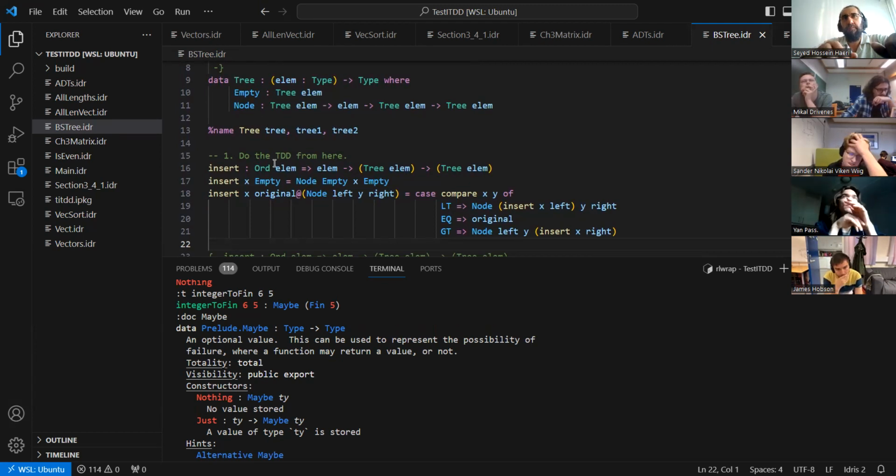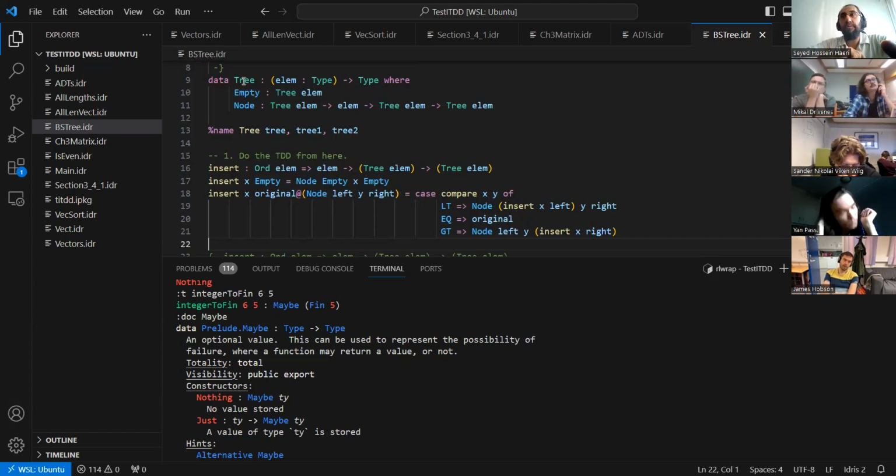Now let's observe the type of empty here. The type of empty is tree of LM. In the typing of that constructor, the LM type parameter is not erased. So it's not tree of everything. It's tree of that particular LM that we are dealing with in this data type.